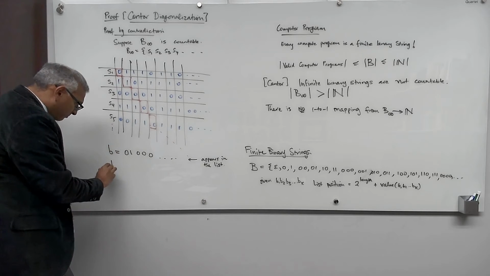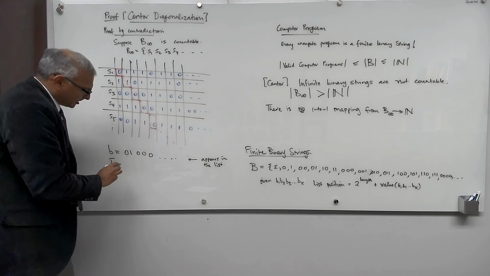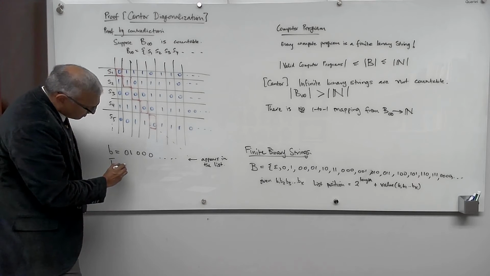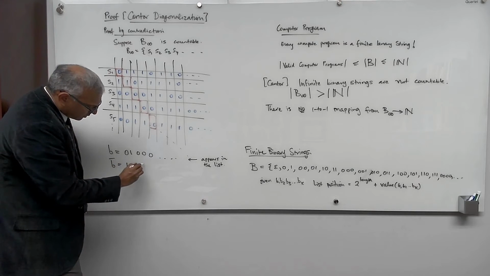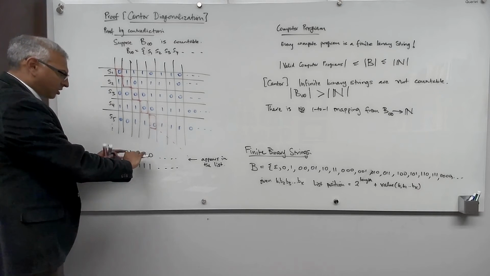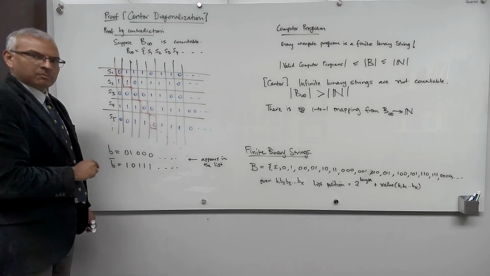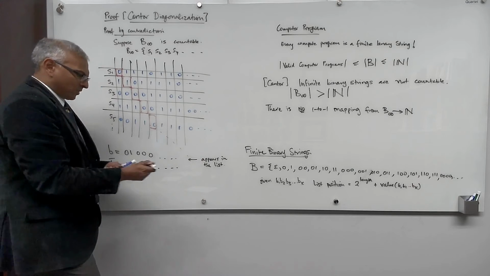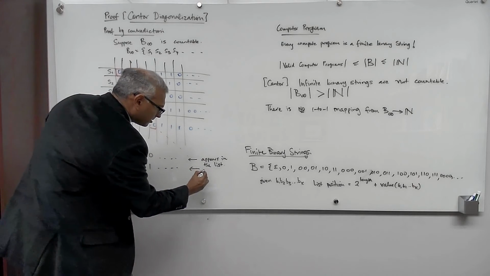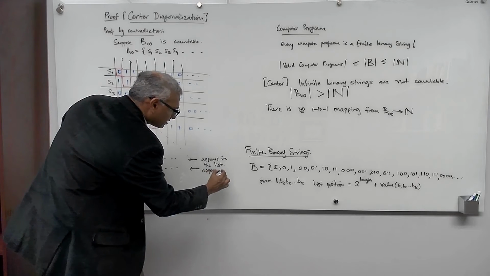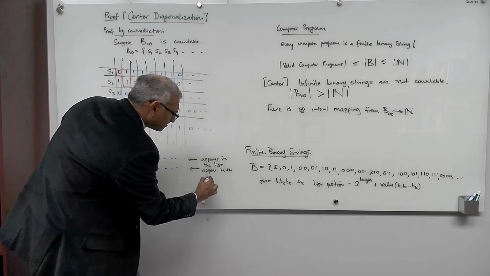Okay, so let's construct B bar, which is 1, 0, 1, 1, 1, and so on. So you take the opposite. You flip the bits in the string B. Now, just like B must appear somewhere, B bar must appear somewhere in the list.